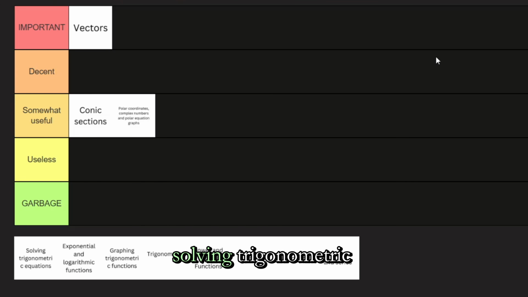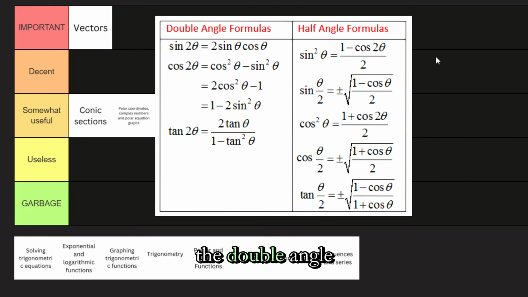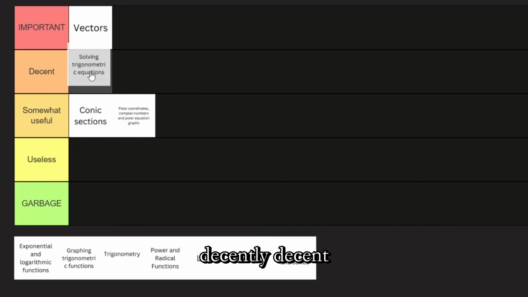Next, we have solving trigonometric equations. It might be called something different in other schools, but what I mean by this is the double angle and half angle identities. I would say this is a decent unit.